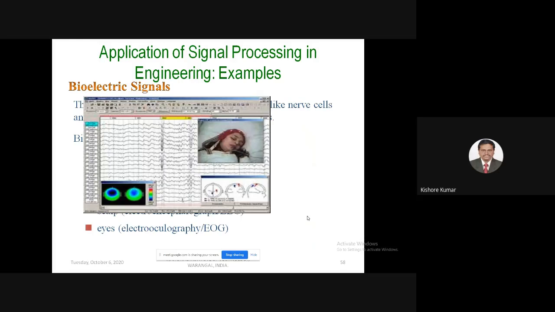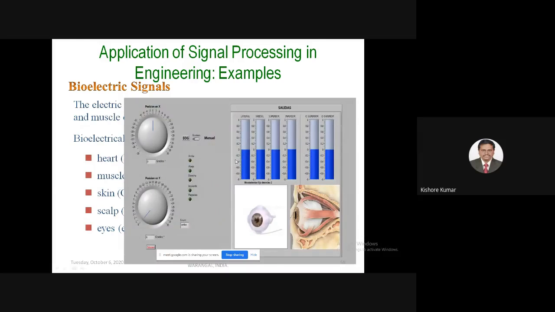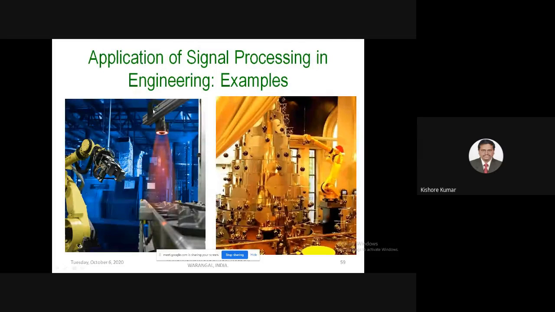So this is electrooculography, EOG, the retina. All these things are applications of signal processing in engineering, in bioelectrical signals, and in the case of industries, we also use the application.